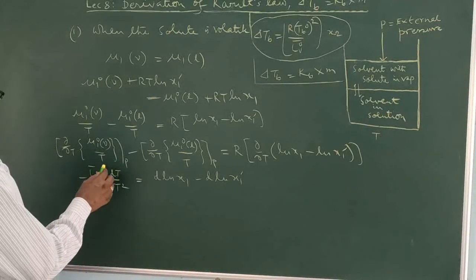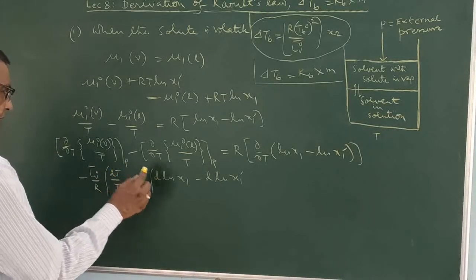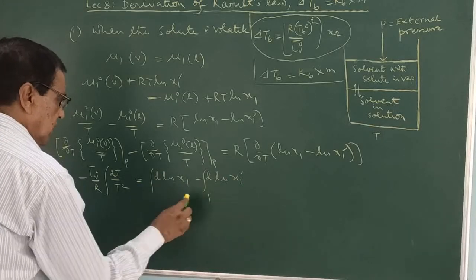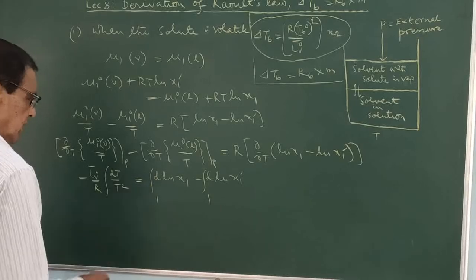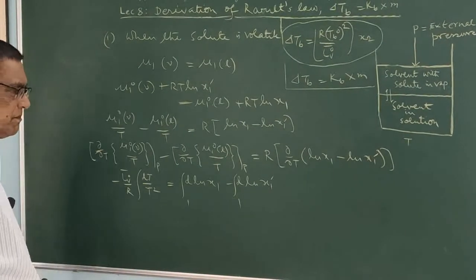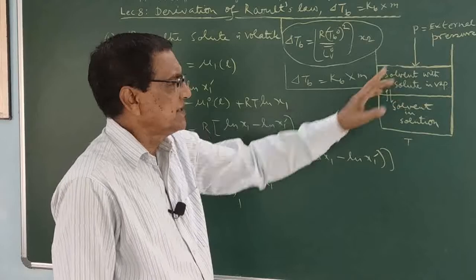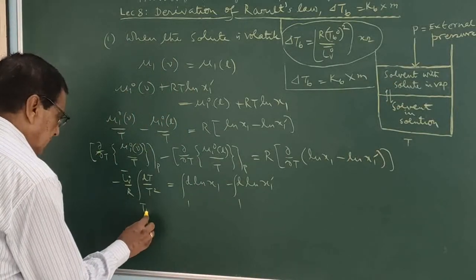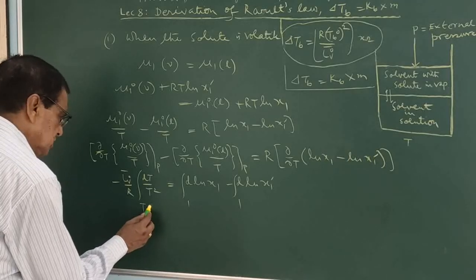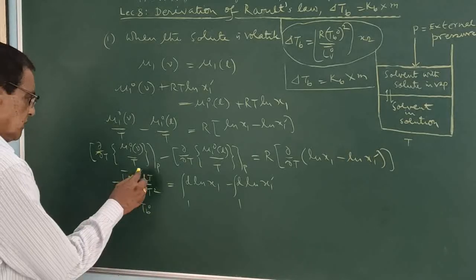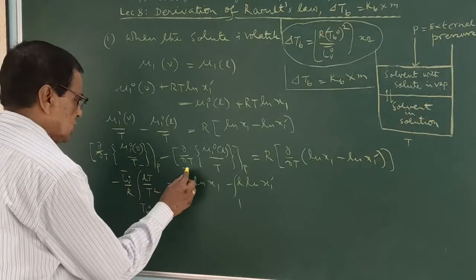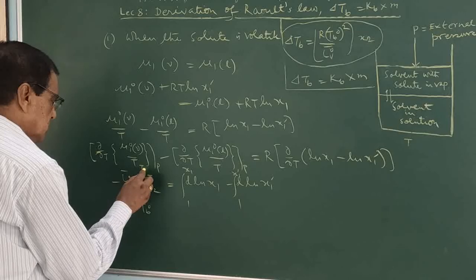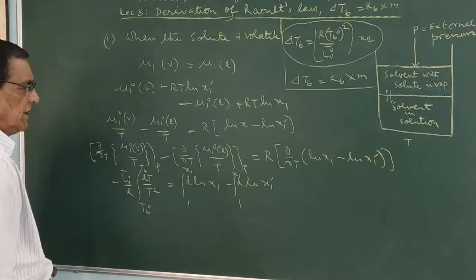So if we integrate, then here x1' = 1, x1 = 1 means it is the pure solvent that vaporizes, and in this case it will be the boiling point of this pure solvent, Tb₀, and when it is x1 and x1', this will be the boiling point of this solution.